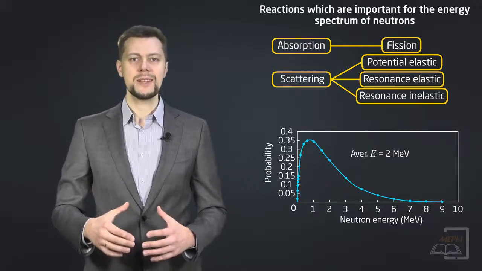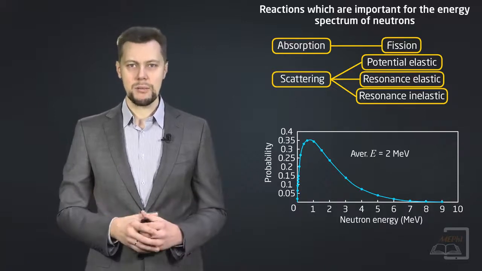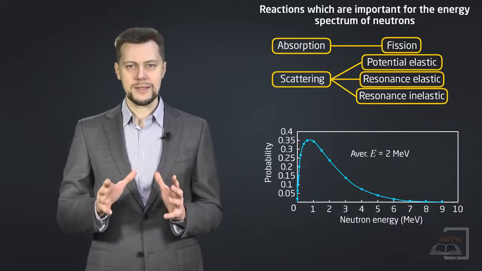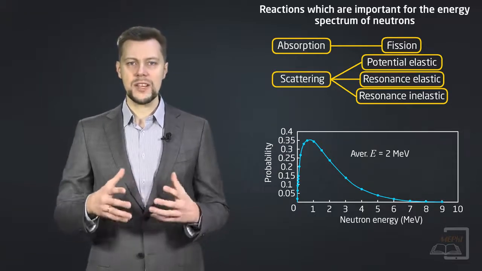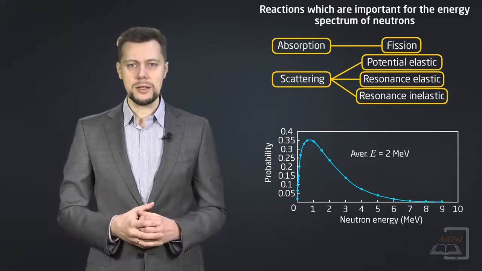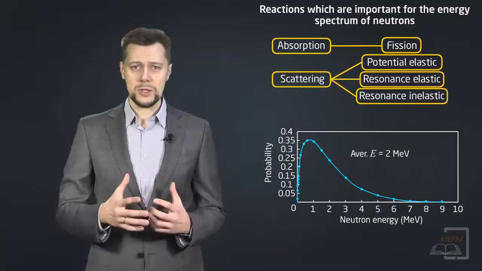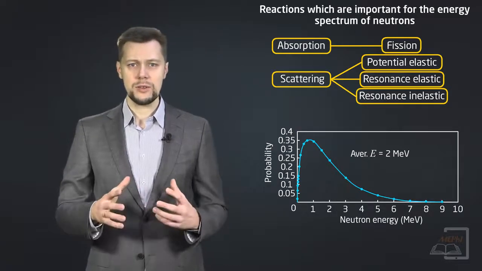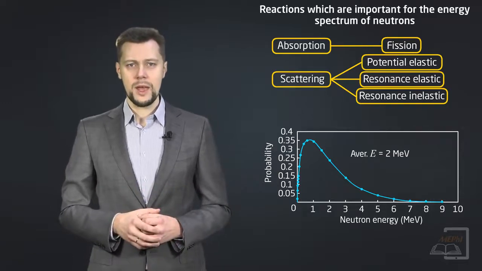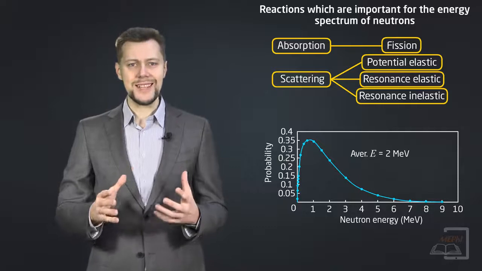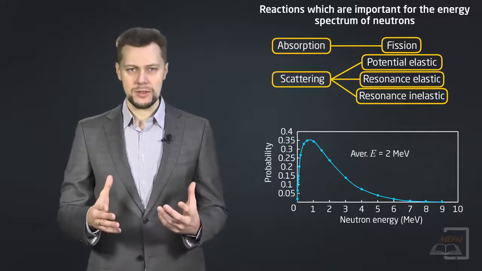It's important, but it's not the main process, because resonance levels for light nuclei are in the fast energy range, and for heavy nuclei, the lowest energy level is in the range of kiloelectron volts. It's not enough. The resonance elastic scattering does not moderate neutrons.